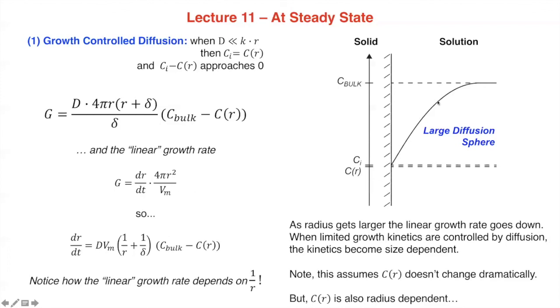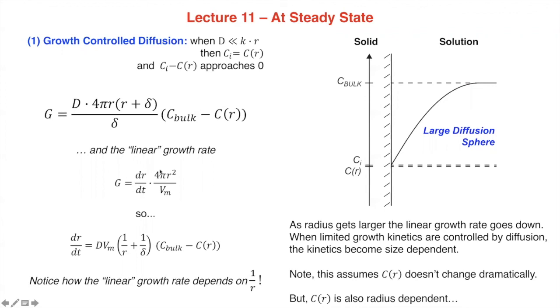Okay, so under those conditions, you get a very large diffusion sphere. And you can simplify the growth rate constant into these geometric terms and the diffusivity, and then this difference between the bulk concentration and the solubility. So in the previous instance, this was just Ci, and I've replaced it with Cr.